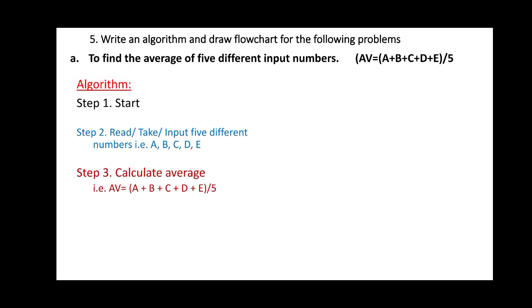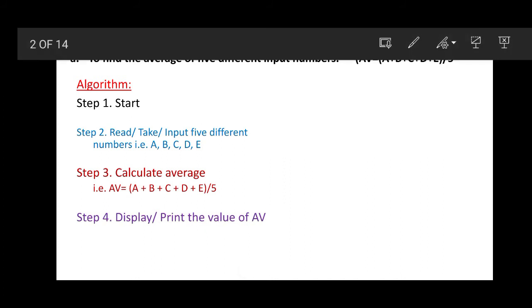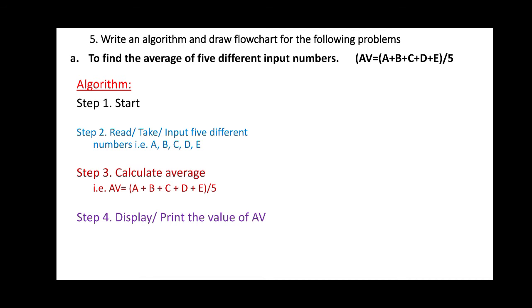The average will be stored in variable ab. Here I have used another variable, ab, to hold the calculated value, and then we will display the value of ab. After this we will stop our activities. It's very simple.